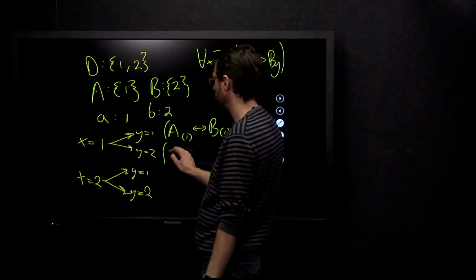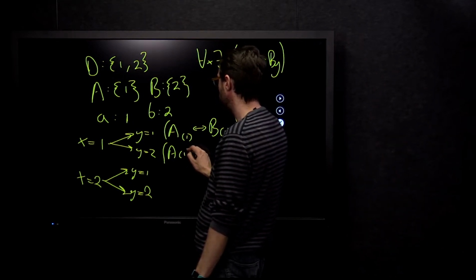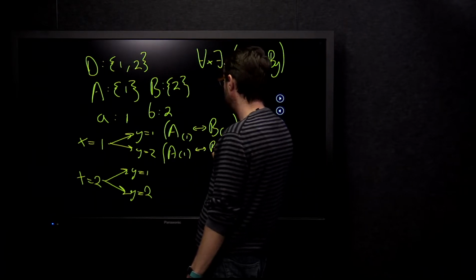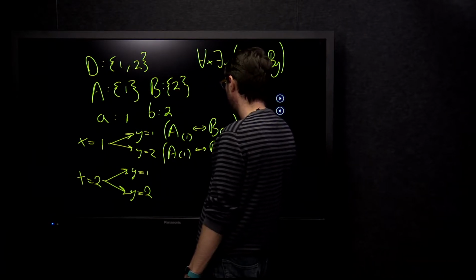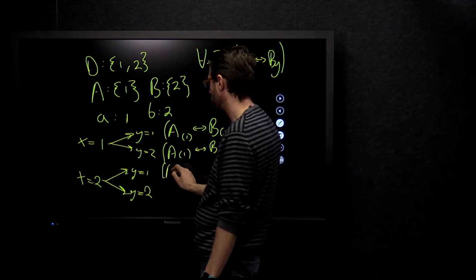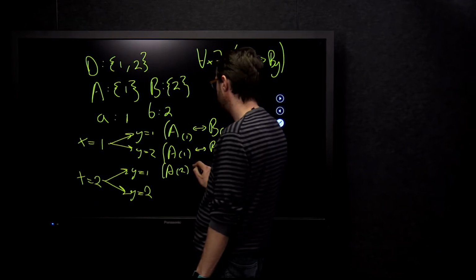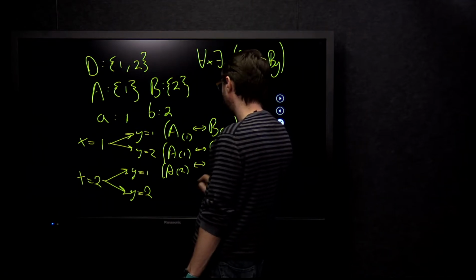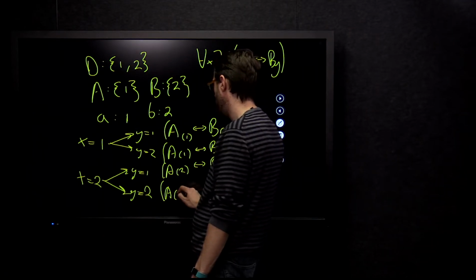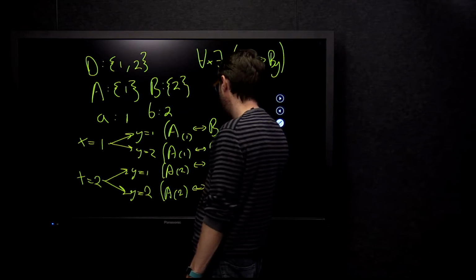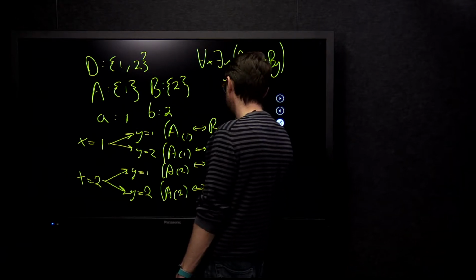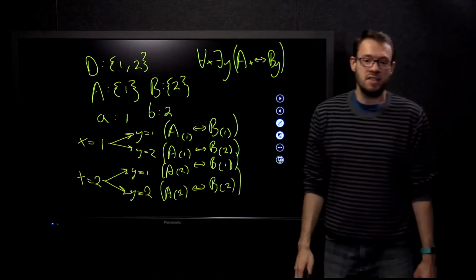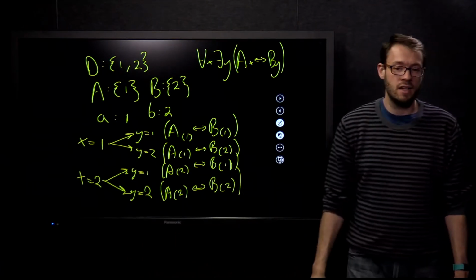And I'm going to do that here as well, but this time because y equals 2, I'm going to put B2 down. And then for the third conditional, x equals 2, so it's going to be A with a subscripted 2, and then B with a subscripted 1, and then A with a subscripted 2, and then B with a subscripted 2 as well. All right, so I've got 4 different conditionals that I can possibly check.